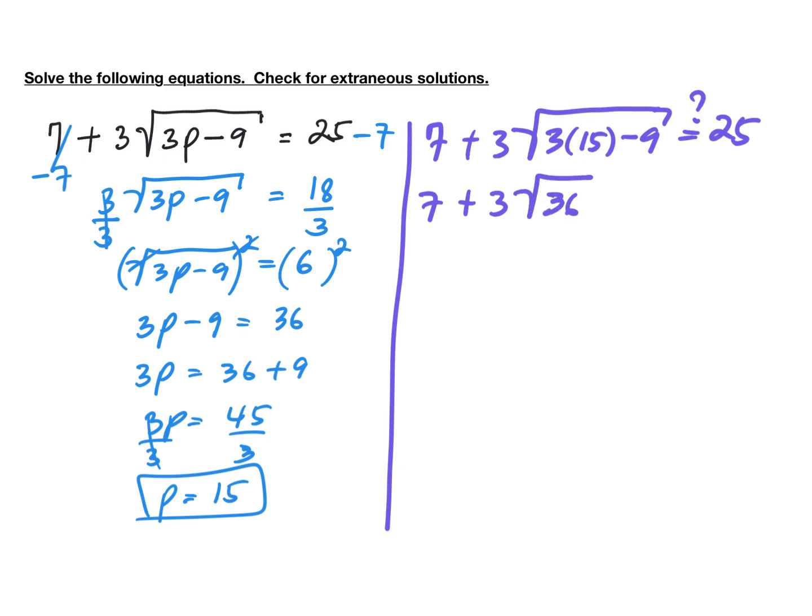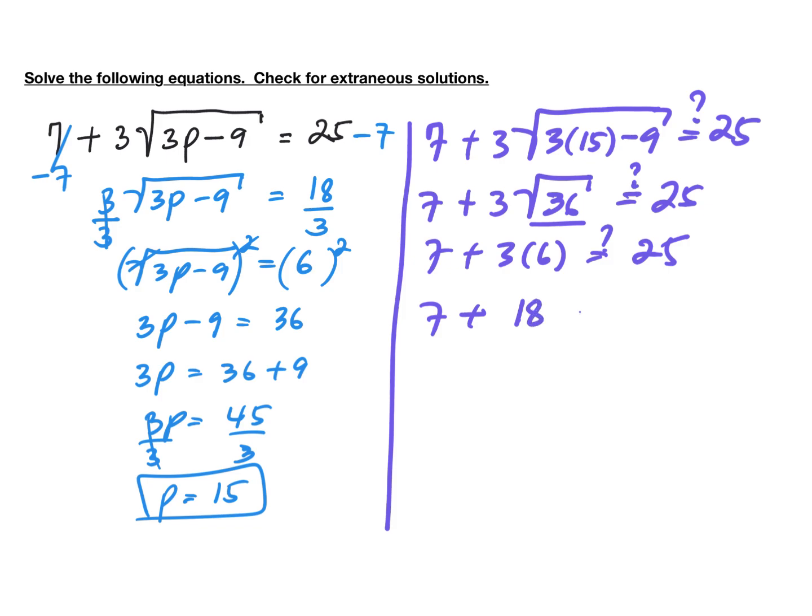Is it equal to 25? Here, 7 plus 3 times the square root of 36, which is 6. Now 3 times 6 is 18. 18 plus 7 is equal to 25. So it is correct. Our solution is correct.